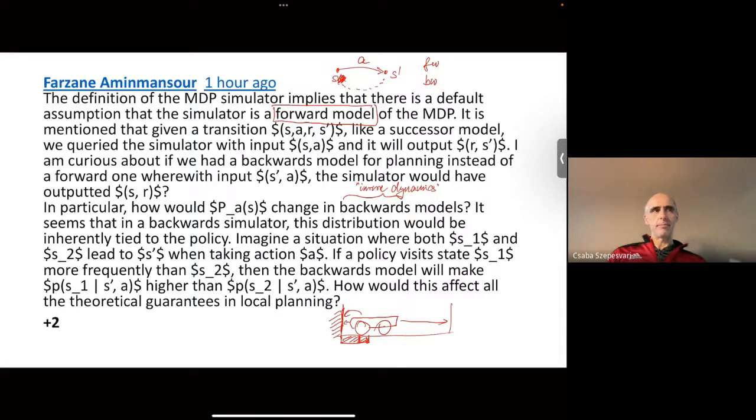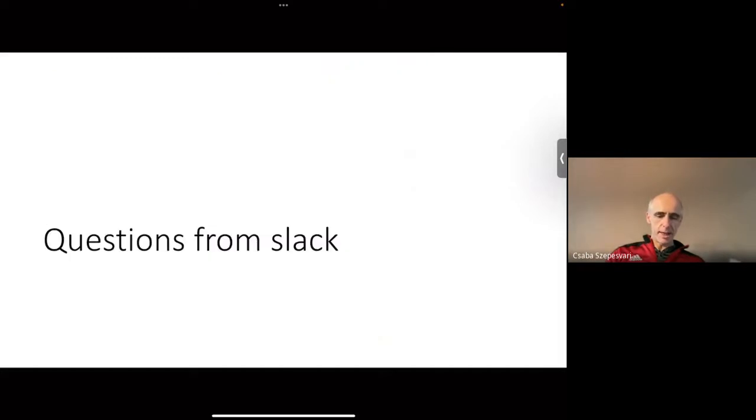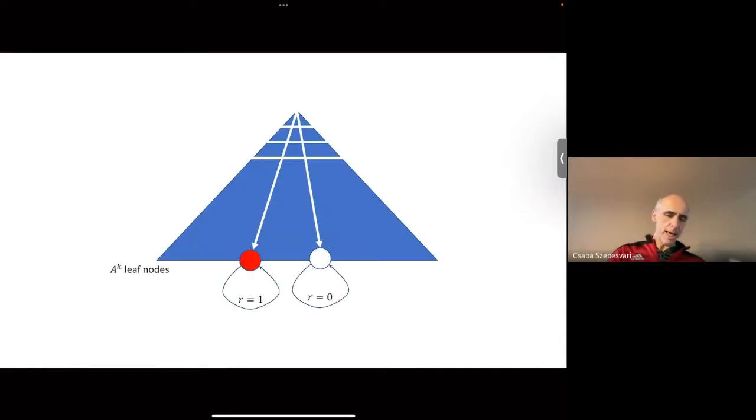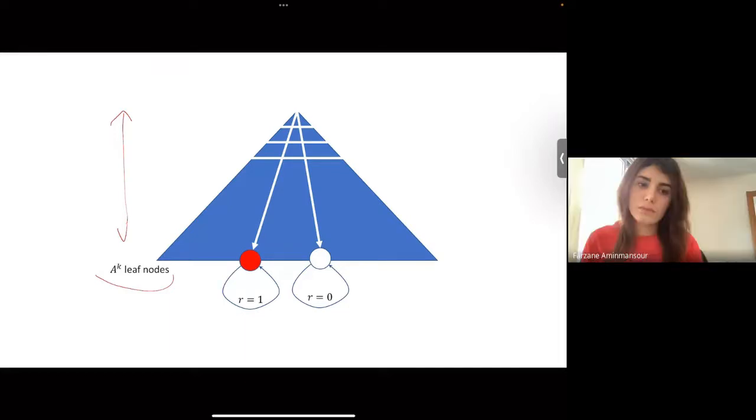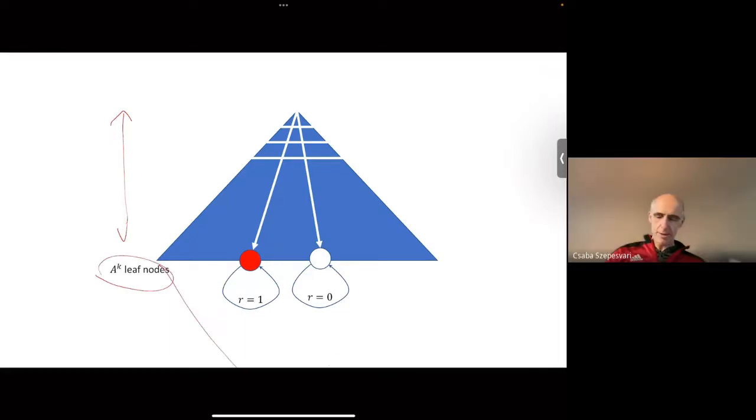Actually, in AI, people have been looking at the advantages of bi-directional planning. In general, you could at least expect, if previously we had this tree with a depth of k, and you had a to the k leaf nodes, and you can do the backwards thing as well, and you have the top-down version of this, then you can cut this in half: this is k over 2, and this is k over 2.